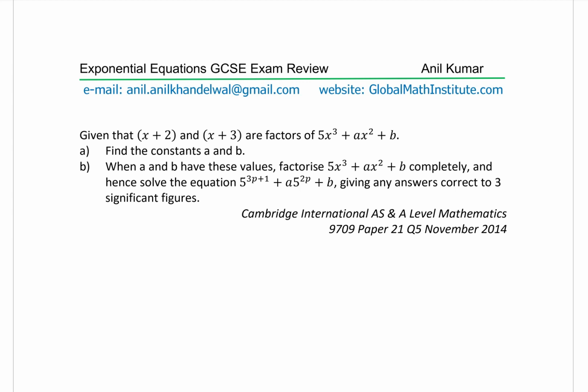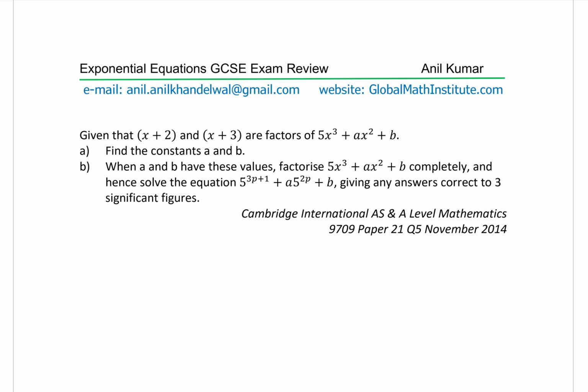When a and b have these values, factorize 5x cubed plus ax squared plus b completely, and hence solve the equation 5 to the power of 3p plus 1 plus a 5 to the power of 2p plus b, giving any answer correct to three significant figures. So you can pause the video, answer this question, and then look into my suggestions.